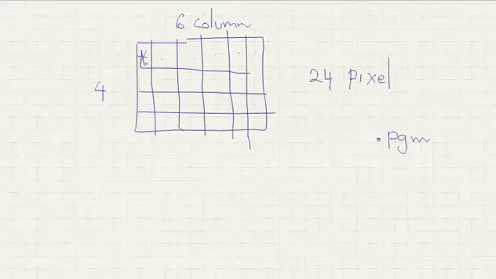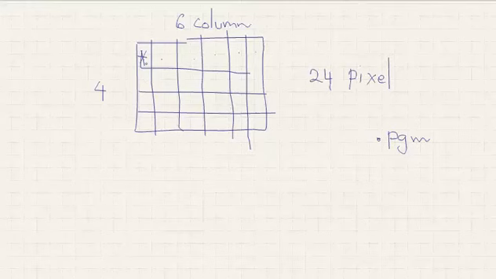So in the file, the actual data is stored: the value of this pixel first, the value of the second pixel, the value of the third pixel, value of the fourth pixel. I'm talking about the values, not these numbers, okay? The values of the pixel, like we talked here, range from 0 to 255.